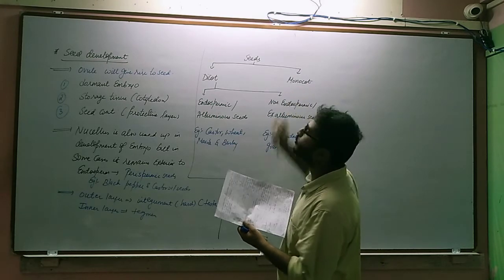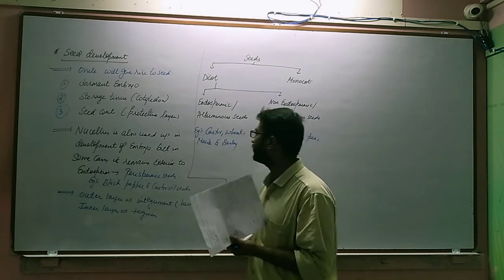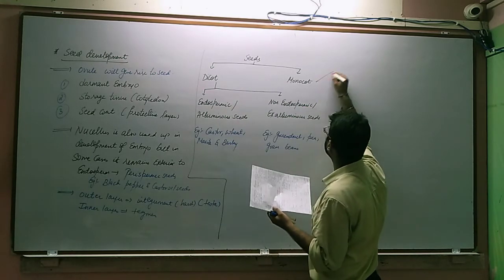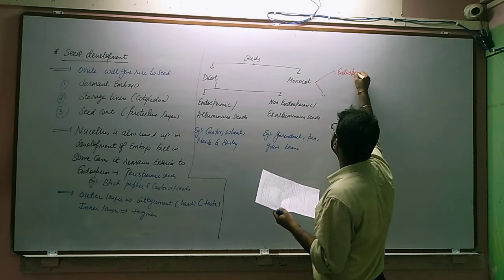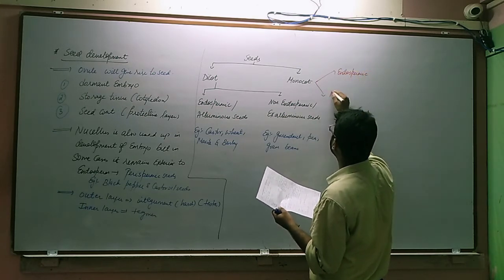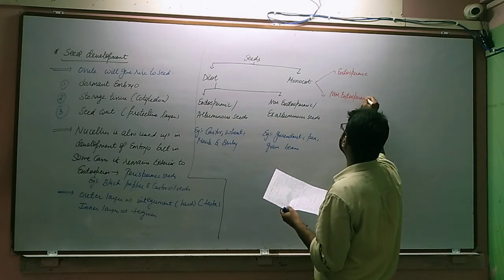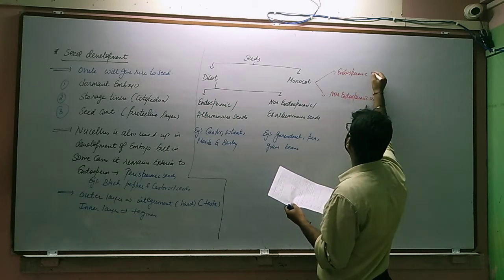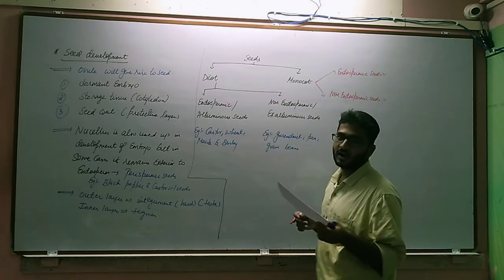Similarly, we can divide monocot seeds into endospermic as well as non-endospermic seeds. So this is what I am writing here. Monocot is again divided into endospermic seeds and non-endospermic seeds.